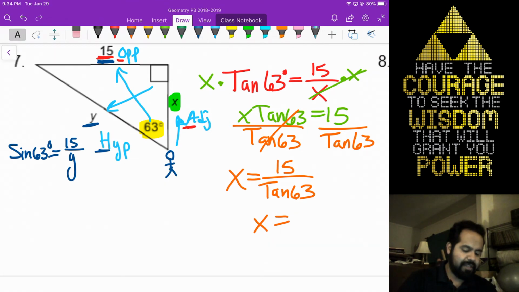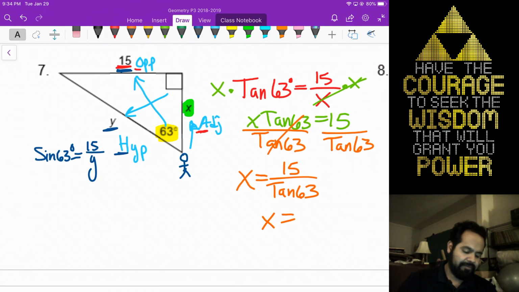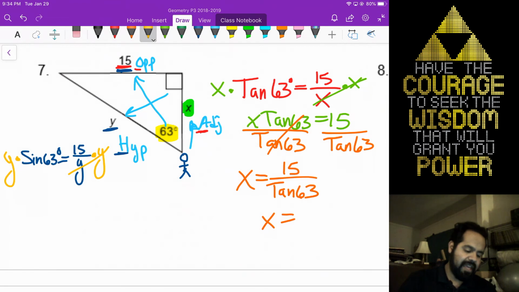Same thing as before, we're going to solve by multiplying both sides by y. Let me move that over. And then we're going to go ahead and divide out the sine of 63.